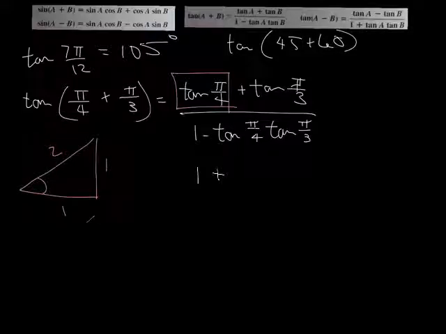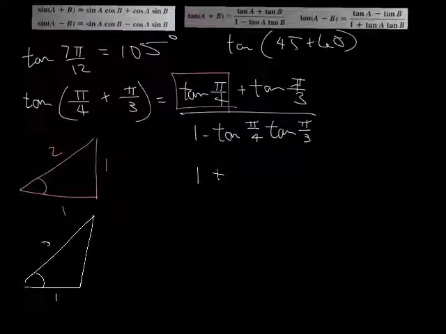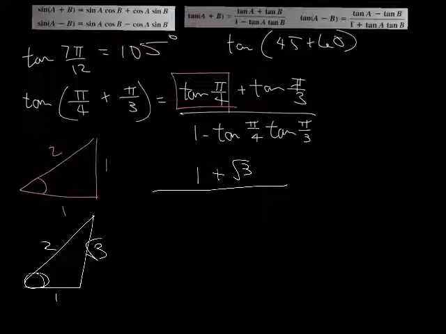Tangent of pi over 3, so I'm going to draw this one, and that's 1, 2, square root of 3. The tangent of pi over 3 is a 60 degree angle, so it's that one, and the tangent is opposite over adjacent, so that's just going to be the square root of 3 over 1.